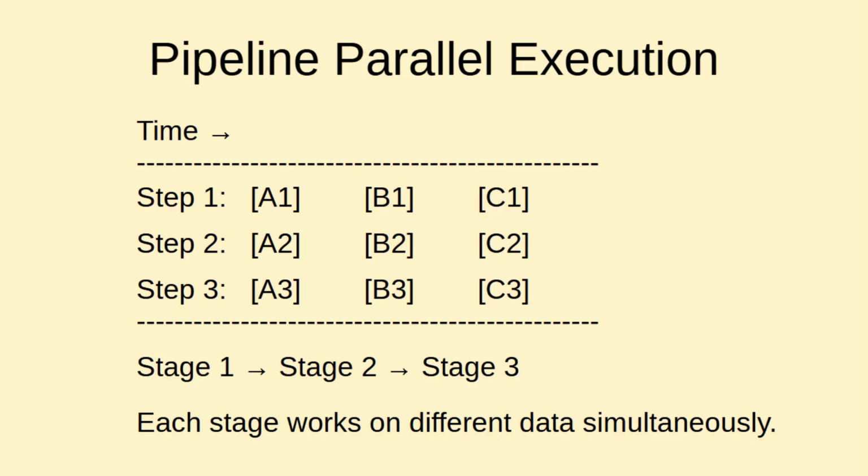In pipeline parallelism, different stages operate at the same time. While stage 1 processes item B, stage 2 can process item A, and stage 3 can process item A's next step. This improves throughput because multiple items are being processed concurrently.